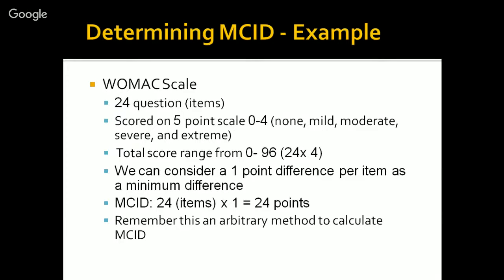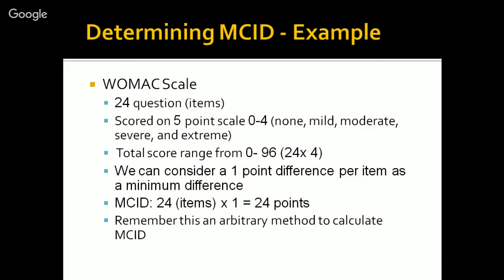For each item, the patient's difficulty is scored on a scale of 0 to 4. 0 means no problem, 1 means mild, 2 means moderate, 3 means severe, and 4 means extreme difficulty.